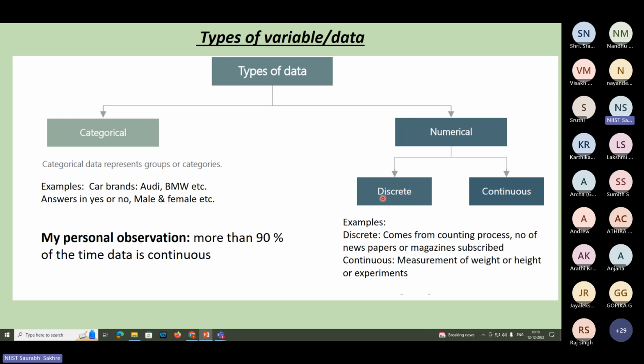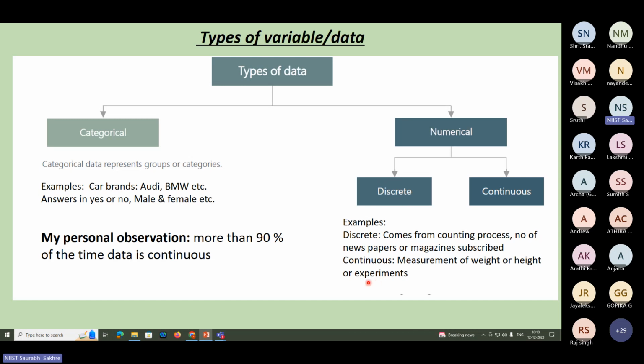You cannot answer me 1.5 or 1.7. Either one newspaper, two newspapers or three. One magazine, two or three. But you cannot say 1.1 magazines I have subscribed or 1.5, right? That kind of data, which cannot take any other value between a particular interval, is known as discrete data.